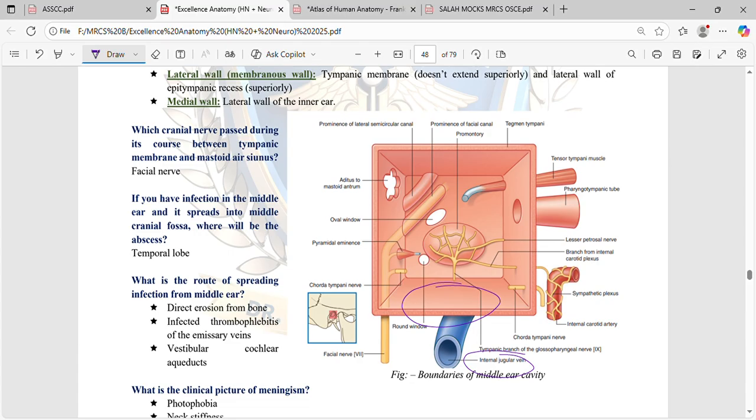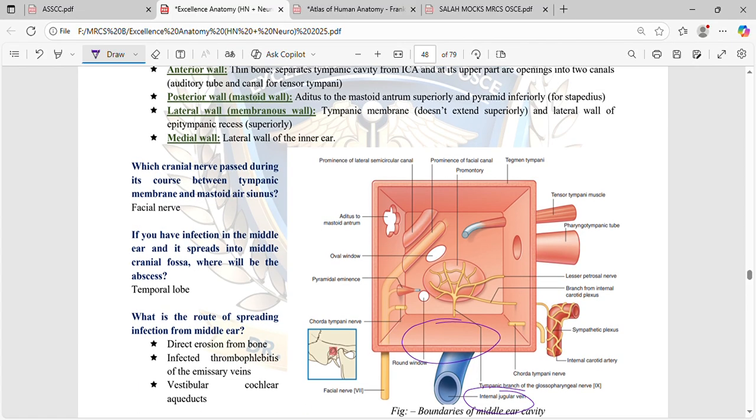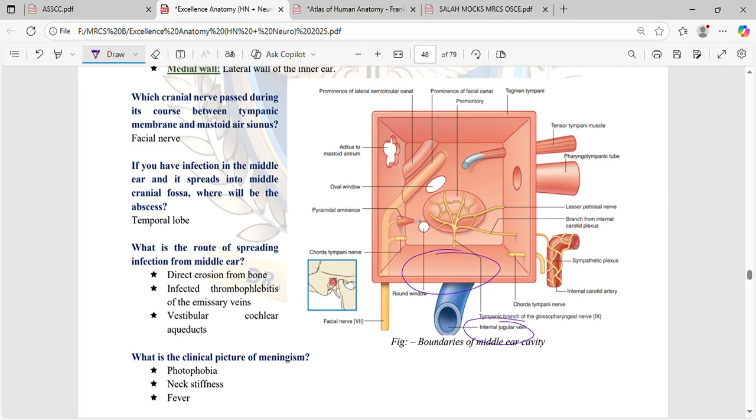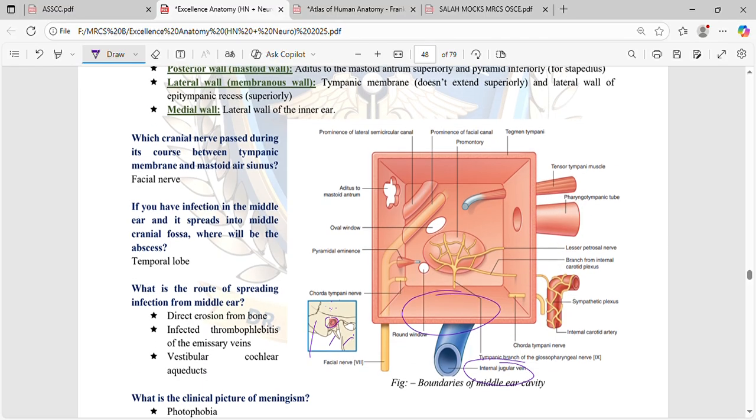Here you can see from the lateral view we have the mastoid process, the external auditory meatus, the styloid process, the ramus of the mandible, and the squamous part of the temporal bone.